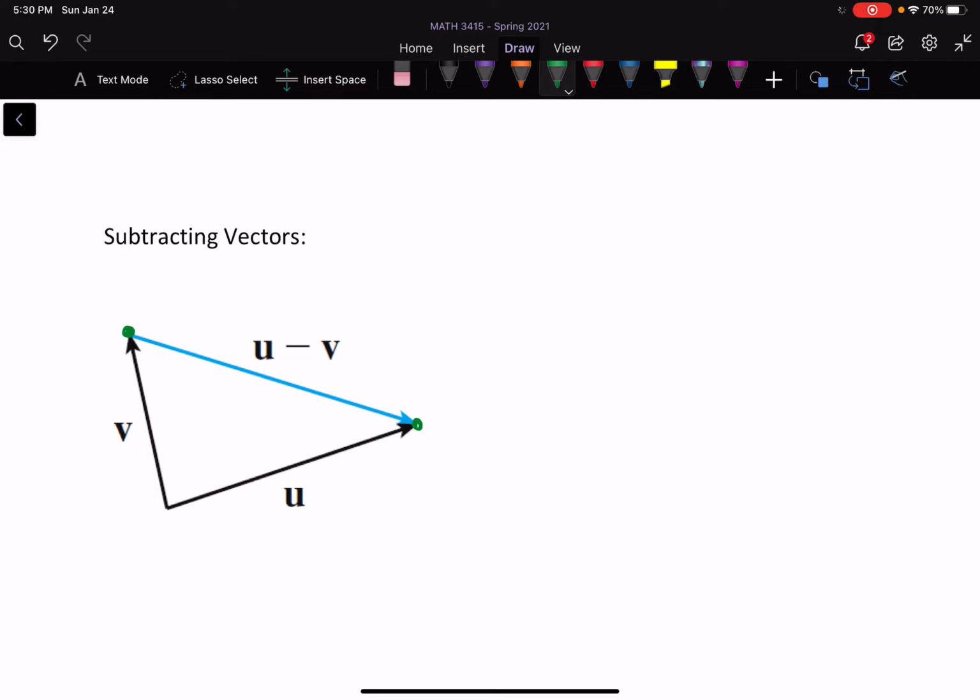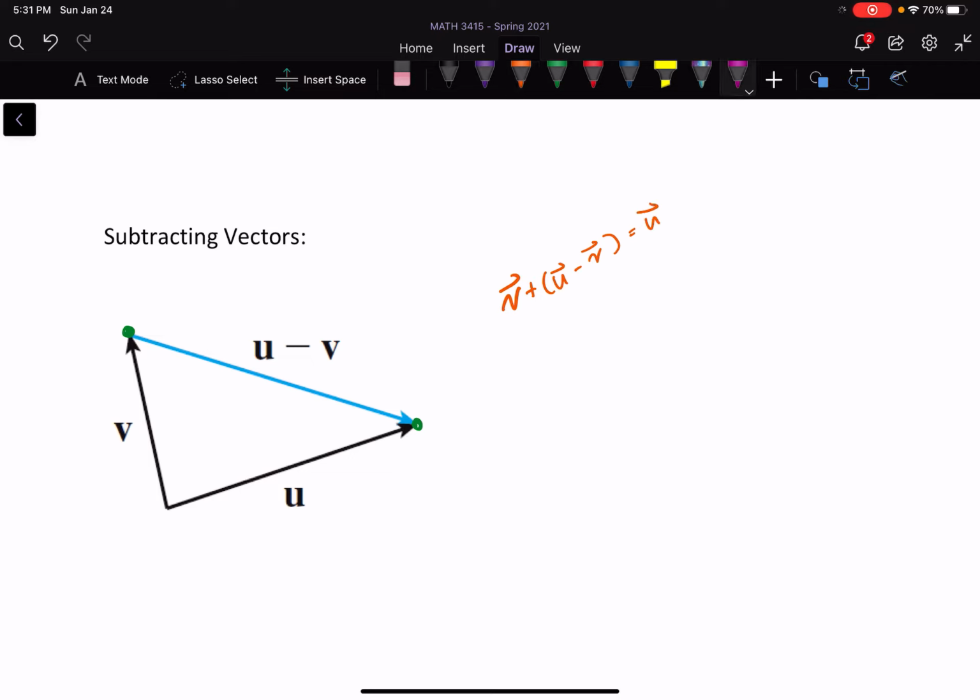The reason this is true is that if I say v, and then v plus u minus v, what I'm going to end up with is u.